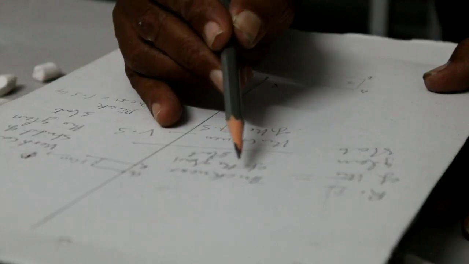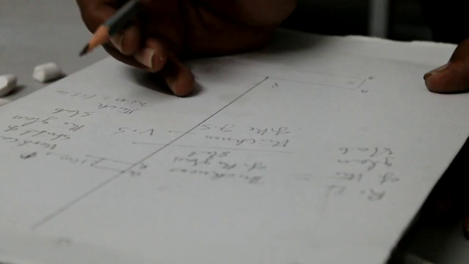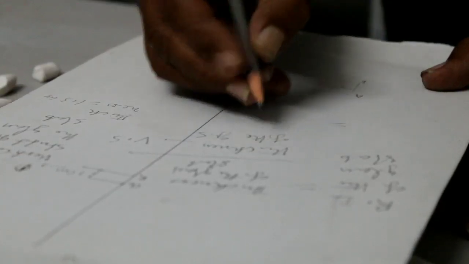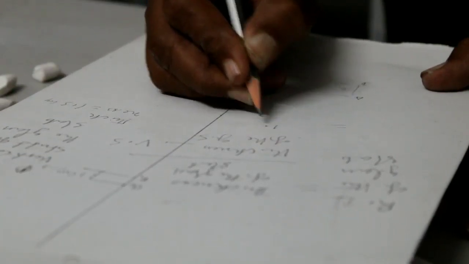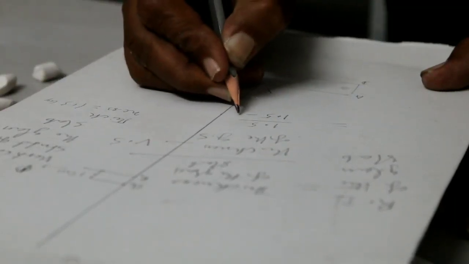Here in the numerator, the thickness of the glass slab value is placed. In the denominator, the vertical shift is subtracted from the thickness of the glass slab. Here we know two values. The thickness of the glass slab is 1.5 centimeters, and 1.5 minus 1, the vertical shift, gives 0.5.